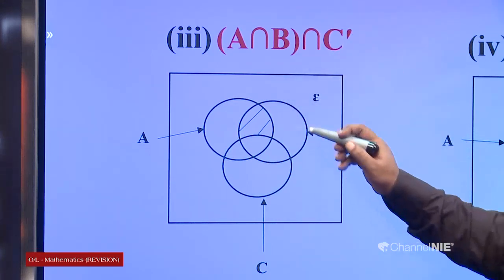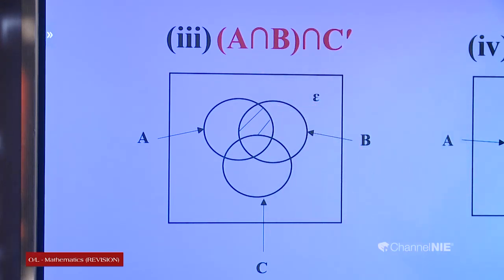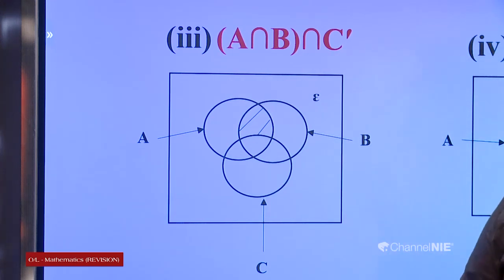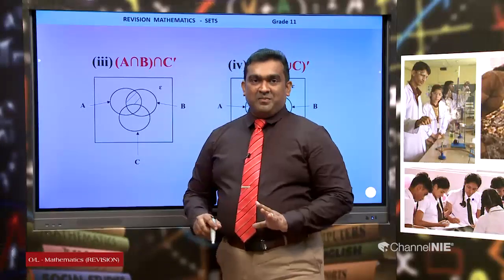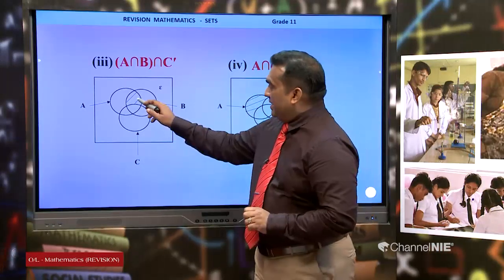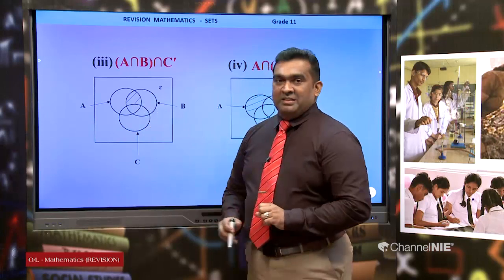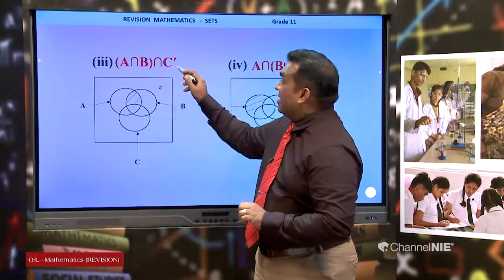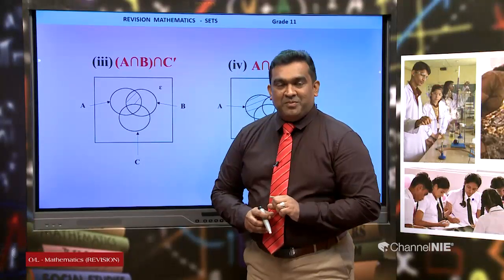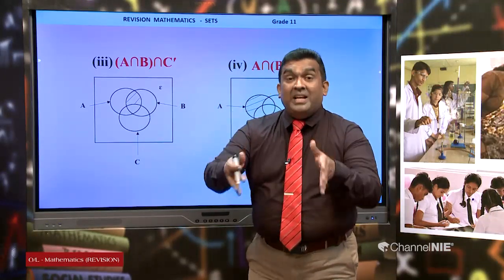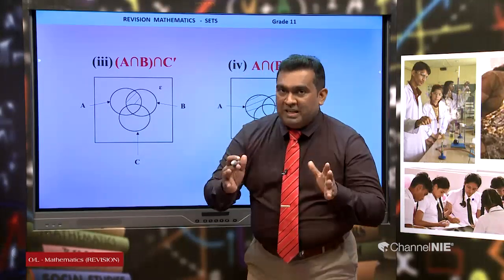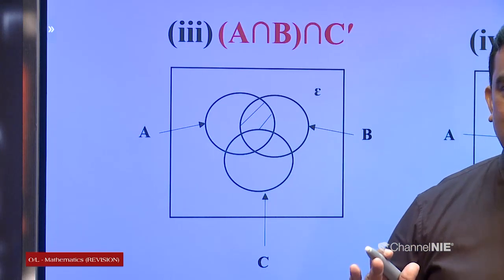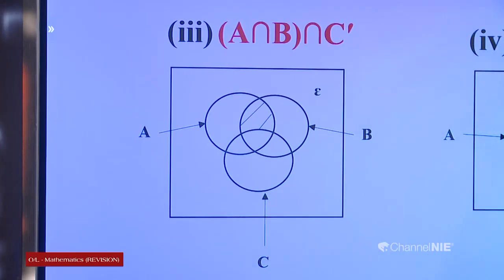A intersection B contains two regions, the upper one and the lower one. You have to remove the lower one because of complement of C. Then it is only A and B. Understood it? Right. Next one.